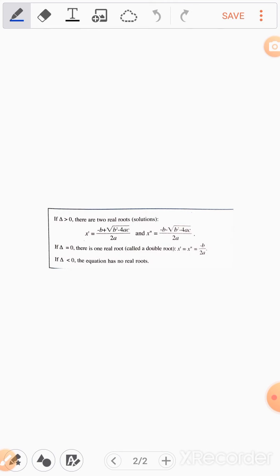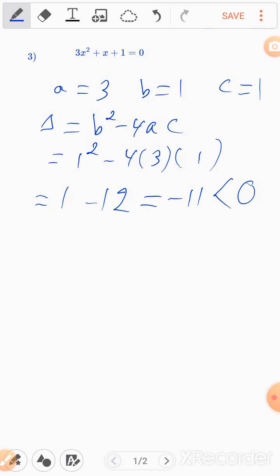So if delta is negative, the equation has no real roots. So this equation in the third exercise has no real roots. We can't find real roots for this equation because the discriminant delta is negative.